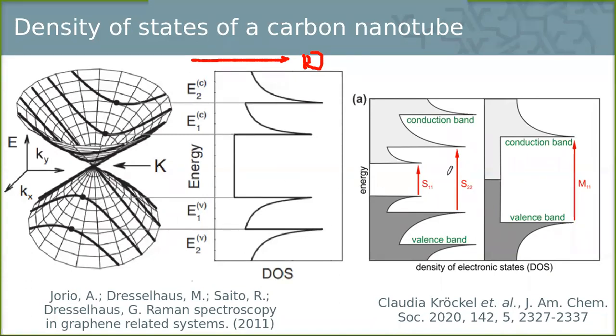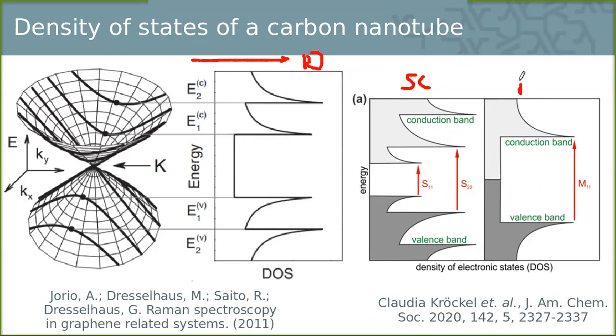We could have a semiconductor carbon nanotube, where we have a band gap. And then, as you can see here, we could have transitions between each energetic level. These ones we call S11, S22, S33, etc. And those S11 transitions are nothing but a transition between the valence and the conduction band that we have in a semiconductor carbon nanotube.